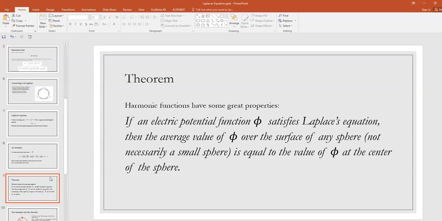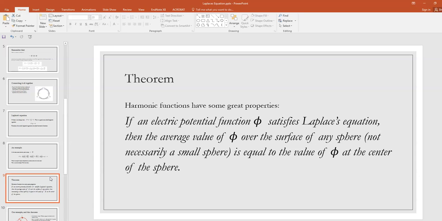Here's the first one. The theorem goes like this, and this is quoting from your textbook, Purcell and Morin. If an electric potential function phi satisfies Laplace's equation, then the average value of phi over the surface of any sphere, not necessarily a small sphere, right, but any sphere, is equal to the value of phi at the center of the sphere. Okay?